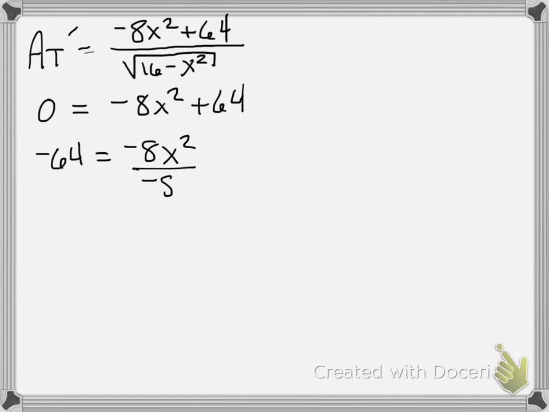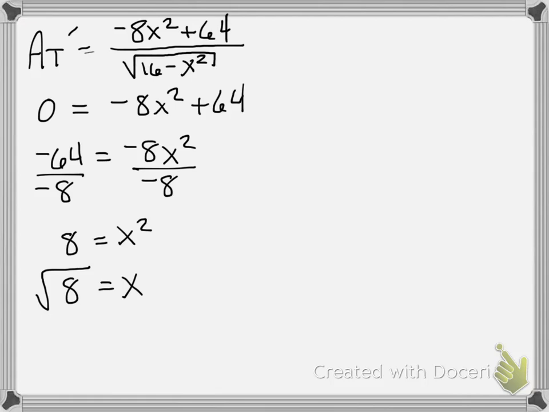Divide both sides by negative 8. And we're left with 8 equals x squared. Take the square root of 8. And that's our x.